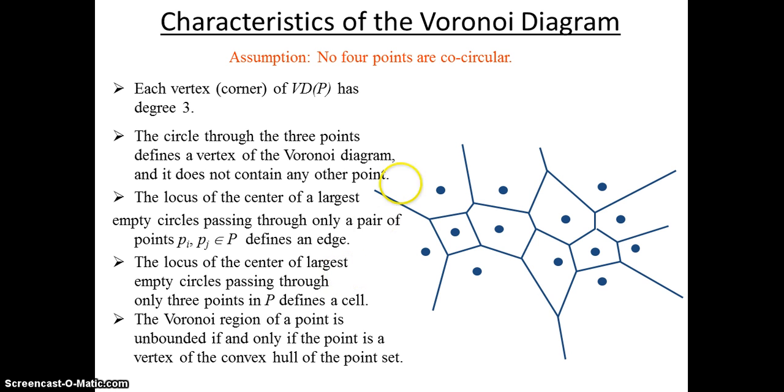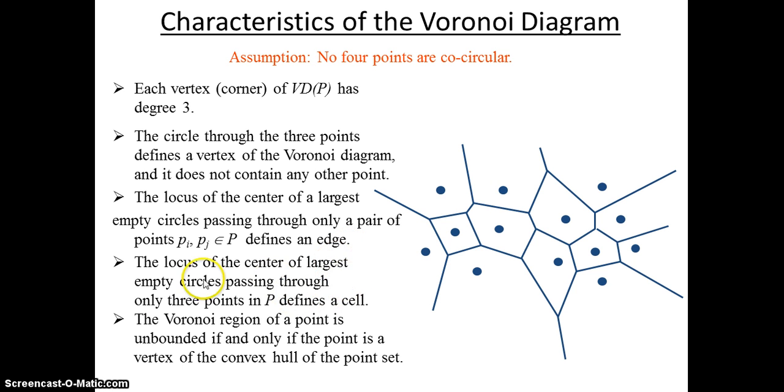Each Voronoi vertex should have degree 3. The circle through the 3 points defines a vertex of the Voronoi diagram and it does not contain any other point. Again, the locus of the center of a largest empty circle passing through only a pair of points Pi, Pj defines an edge.